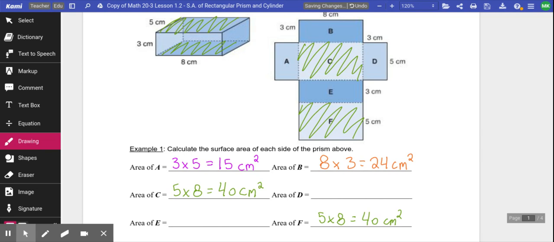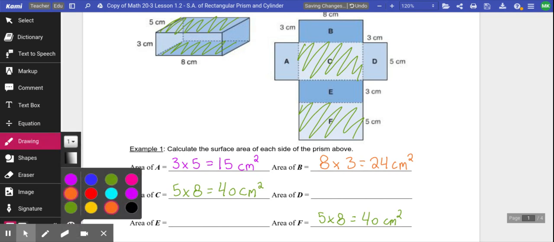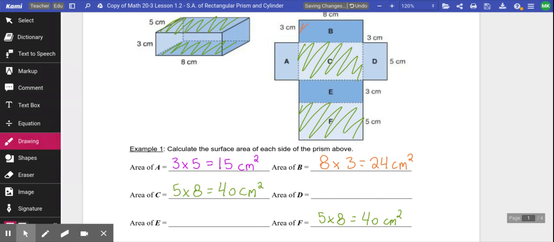If I look at the back side, which for us was B, I can recognize that B is the exact same as E. The front and the back are the exact same. So if I want to use the exact same numbers for E, 8 times 3 equals 24 centimeters squared, I can do that as well.